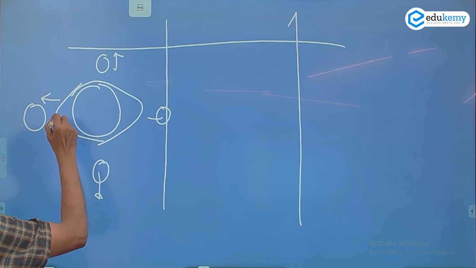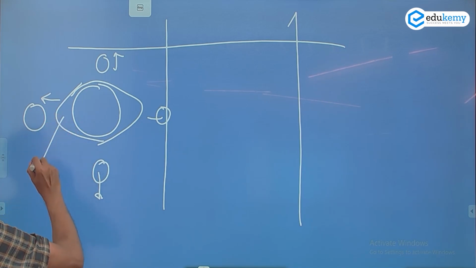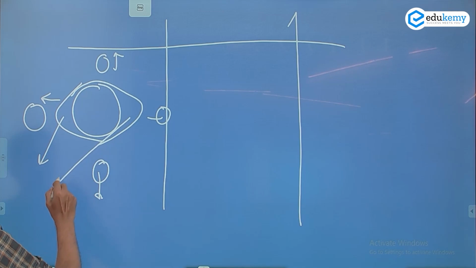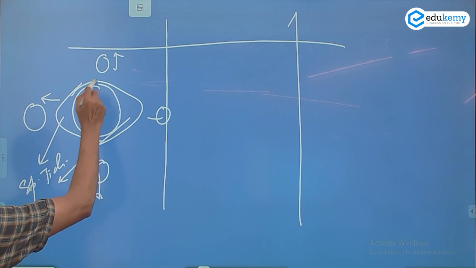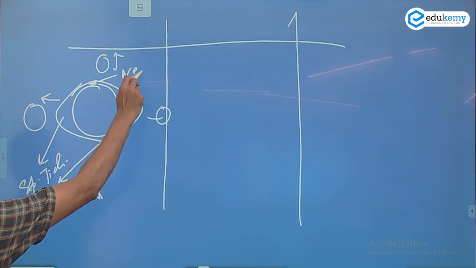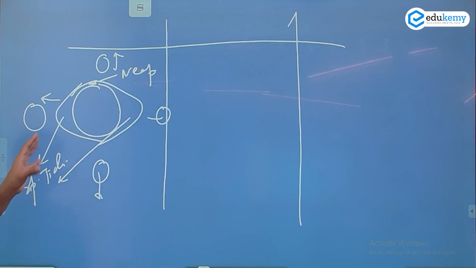So these are what are called spring tides, and these are called the neap tide. You can draw a simplistic one of this kind.